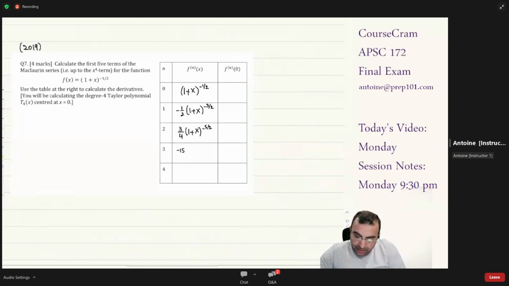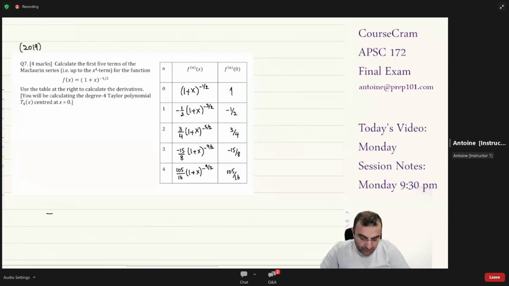Then minus 15 over 8, 1 plus x to the minus 7 halves. Then 7 times 15, that's 105 over 16, 1 plus x to the minus 9 halves. And at 0, that's 1, minus a half, 3/4, minus 15 over 8, and 105 over 16.